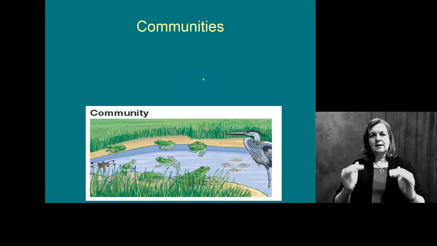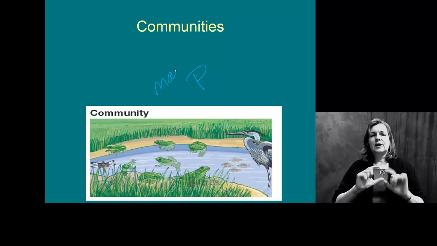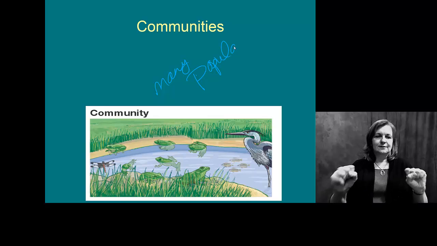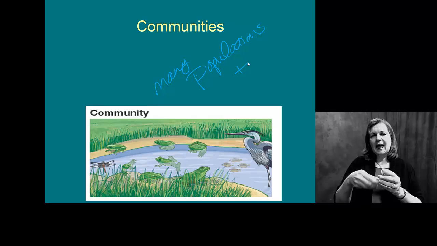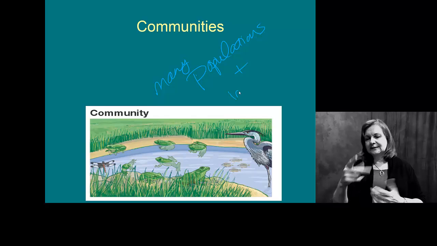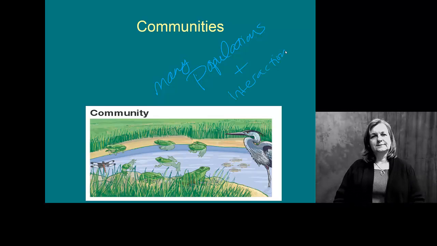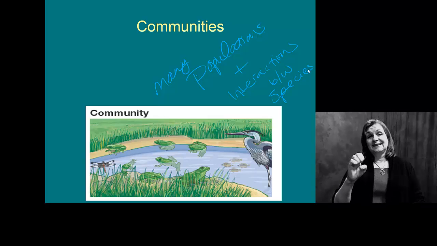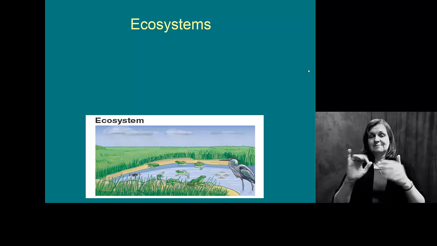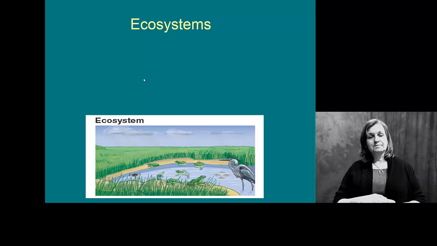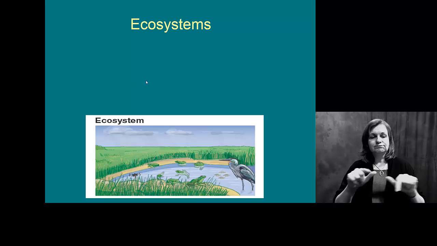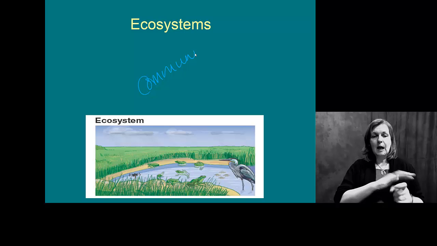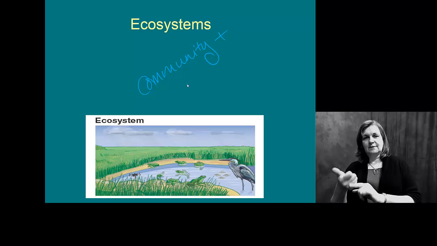A community takes many populations, so many groups of species, and adds that layer of complexity of interactions between the species. If we add ecosystems, if we talk about an ecosystem level, so that is, when we look at it, a community, so all of the species in an area, plus the environment.